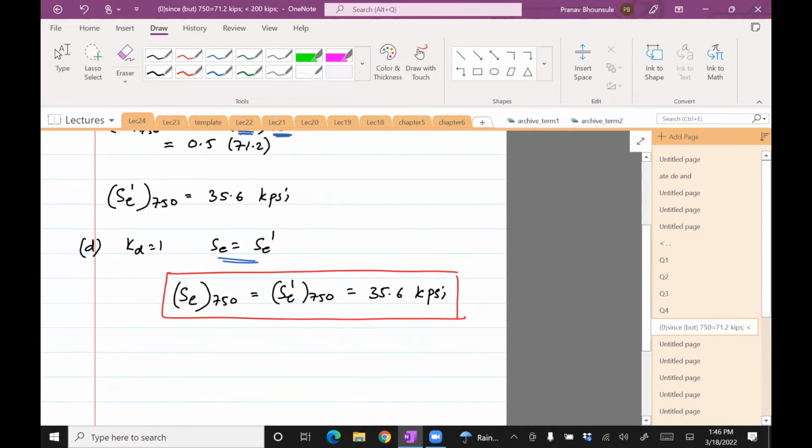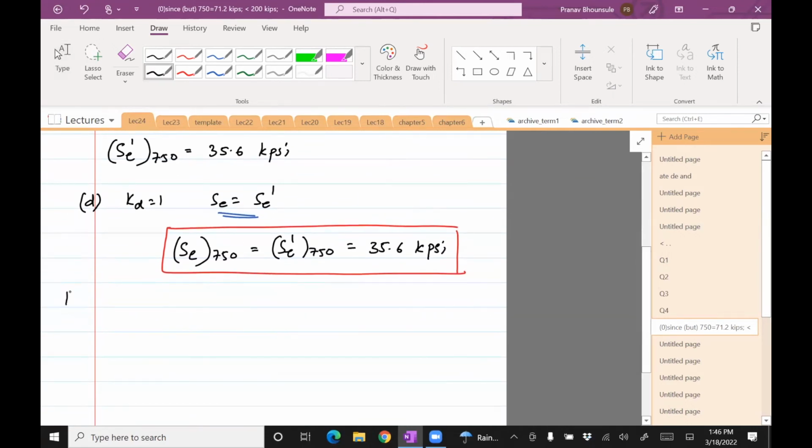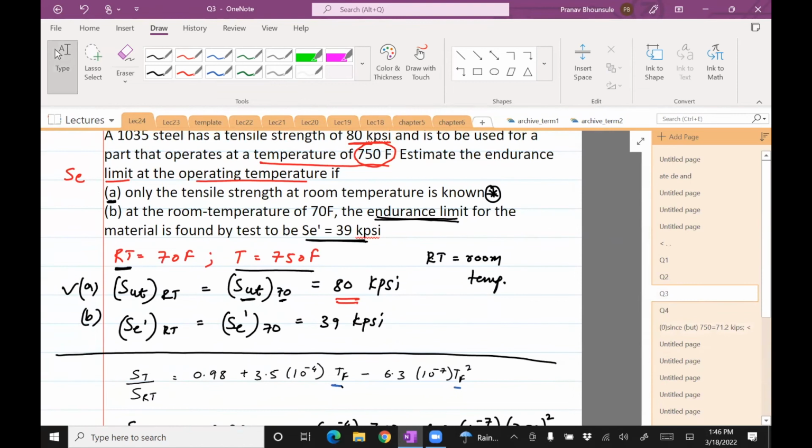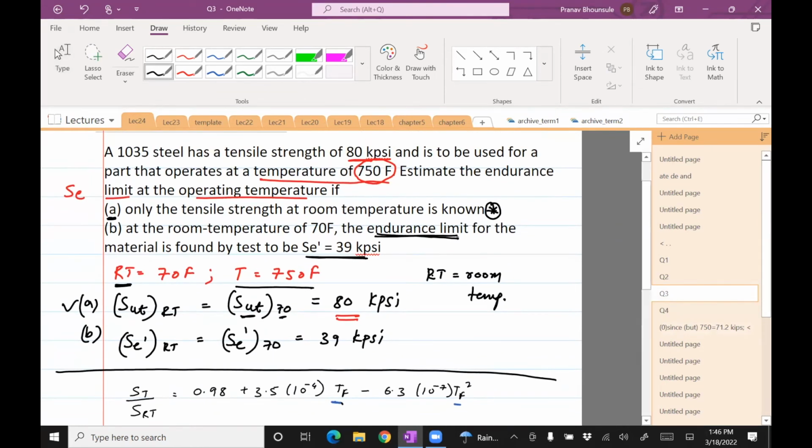Okay, let's solve the second part. The second part is, if you're given that at room temp, the endurance limit for the specimen, SE prime, is 39 kpsi. So we're given SE prime.